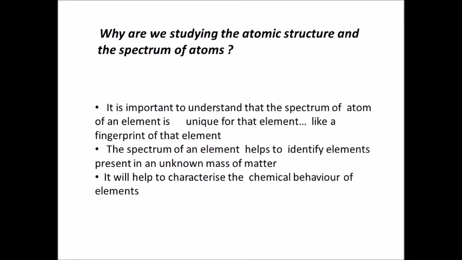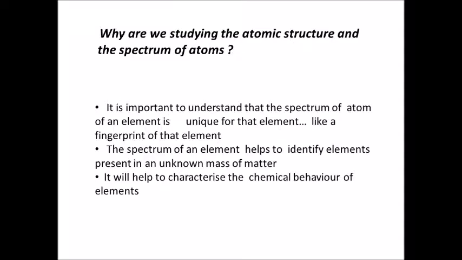Now, why are we studying the atomic structure and the spectrum of the atoms? Here you can say it is important that the spectrum of an atom of an element is unique for that element, like a fingerprint of that element. The spectrum of an element helps to identify elements present in an unknown mass of matter.